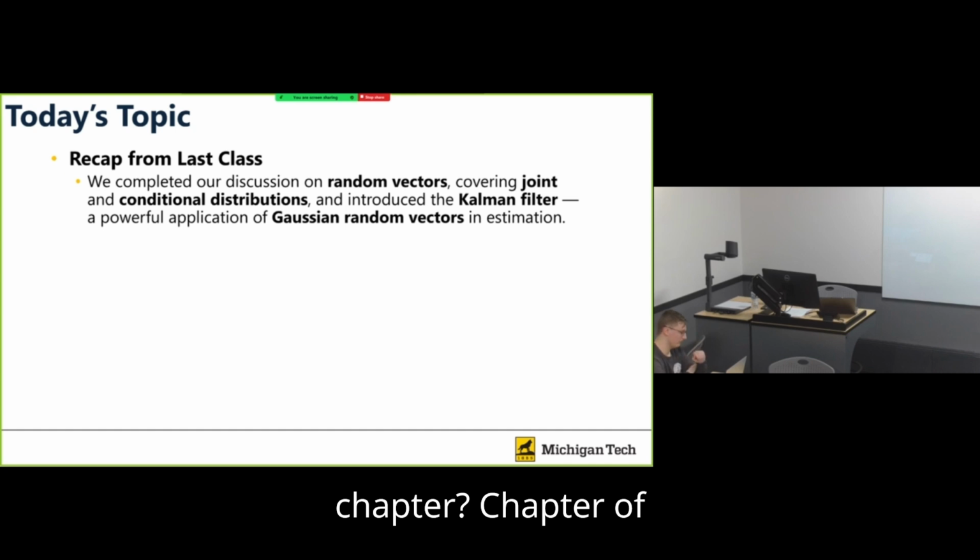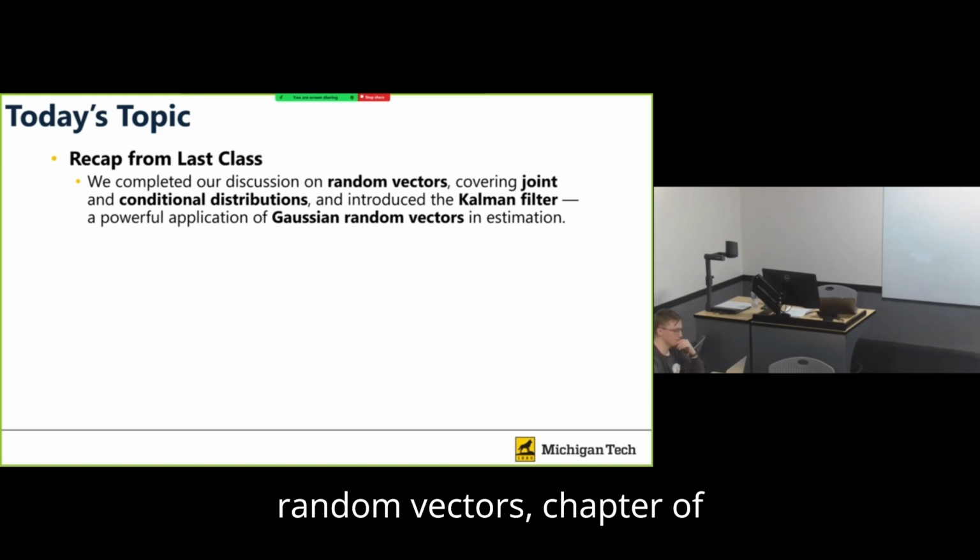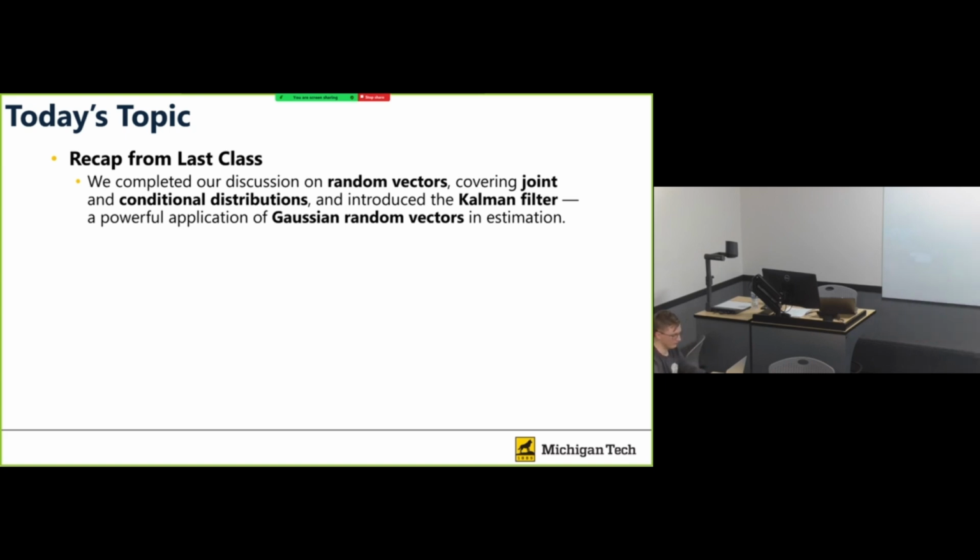Which chapter? The chapter of dependencies between two random vectors, the chapter of linear transformation of random vectors.